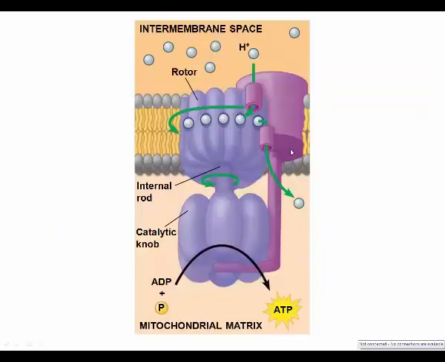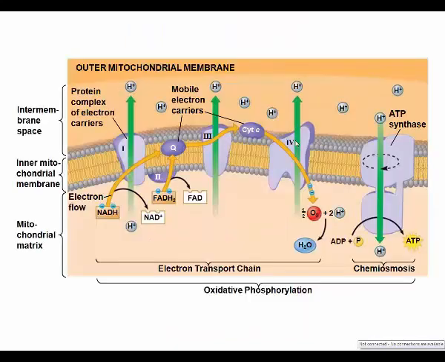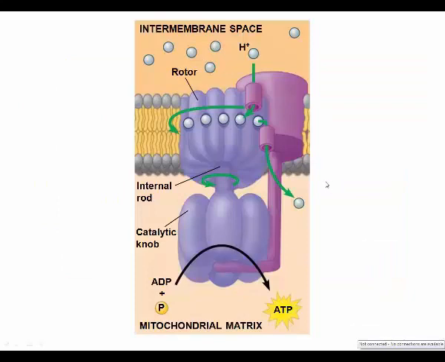Let's take a little closer look at ATP synthase. This is then the complex right here. It's a really cool molecule where the rotor grabs these protons, and as protons are rushing through, the rotor spins. The spinning action then affects what we call the catalytic knob.